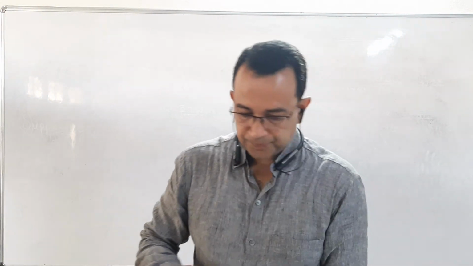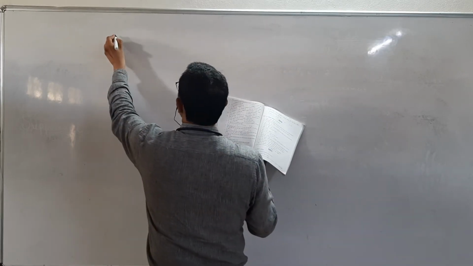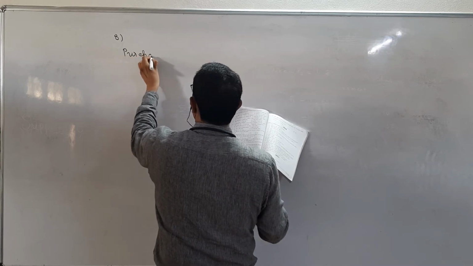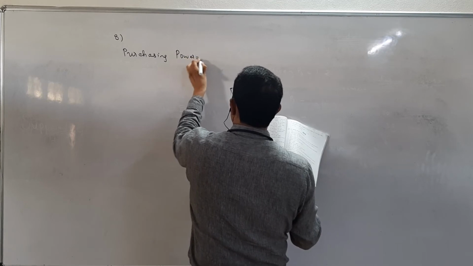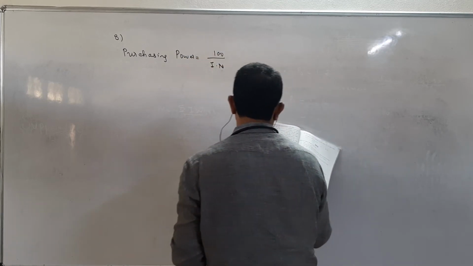Now, MCQ, students, 8. Purchasing power is equal to 100 upon index number.